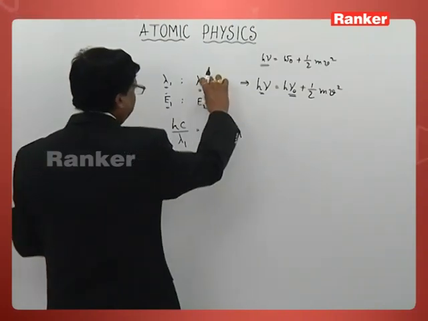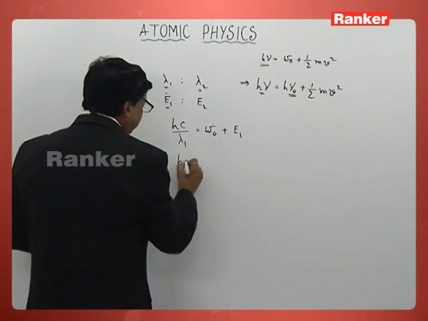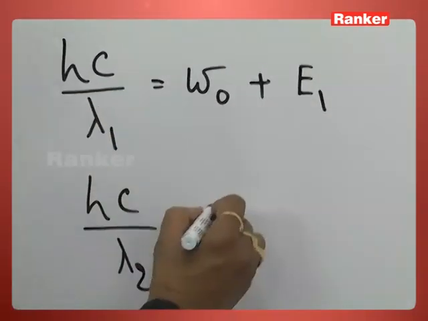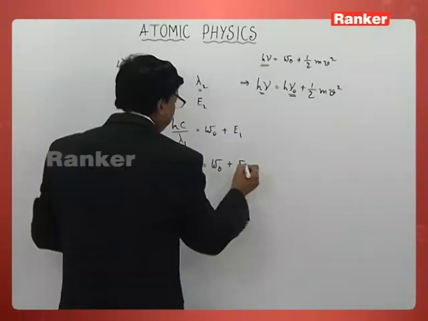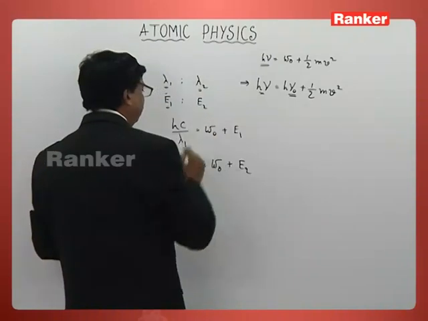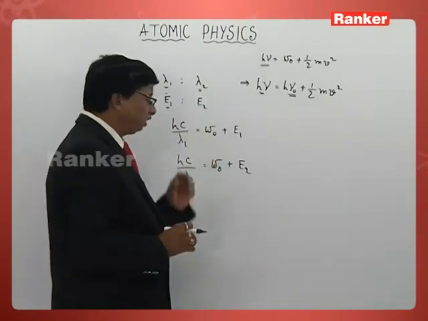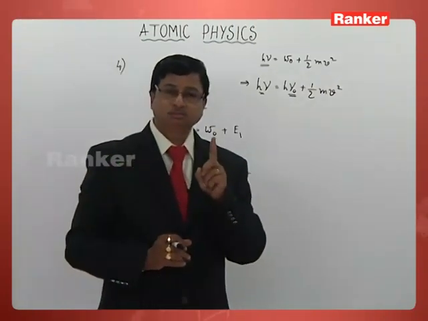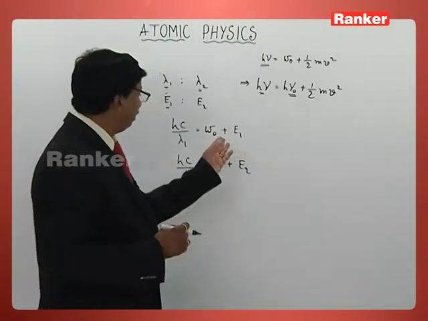Now let us write the second equation for this pair of values. hc by lambda 2 is equal to again W naught plus, this time, the kinetic energy of the emitted electron, let us write it as E2. You might have observed that in both cases I am not changing one value, that is W naught. Why am I not changing it?